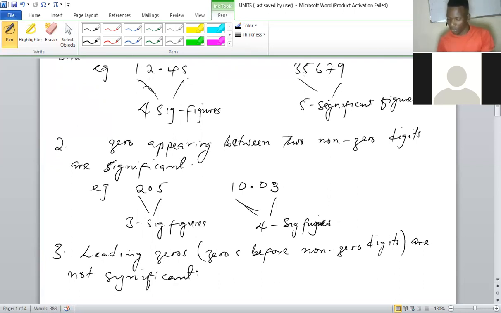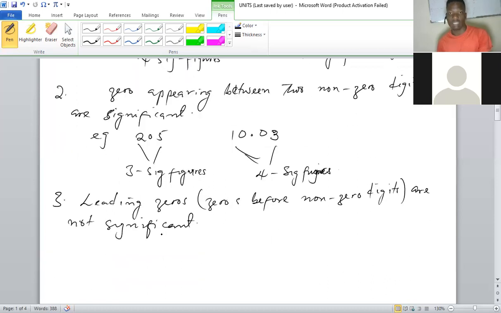So these rules are going to help you a lot. They are helpful for you to know, especially when you are dealing with calculations in chemistry and physics, you need to know the significant figures and what kind of answer you're going to get.